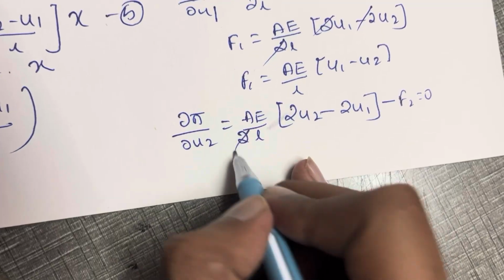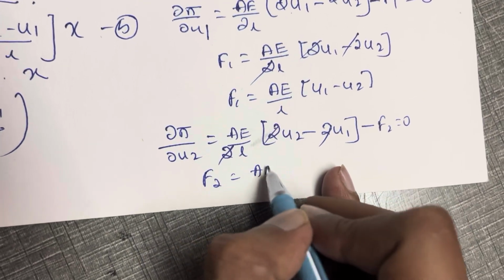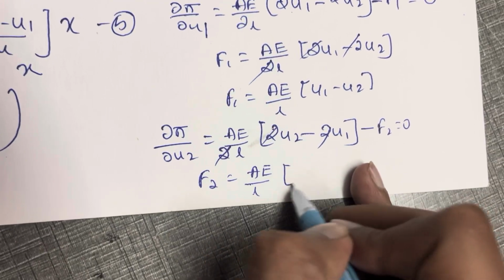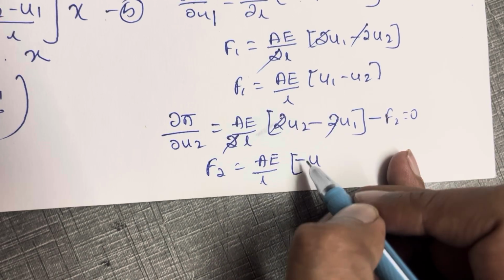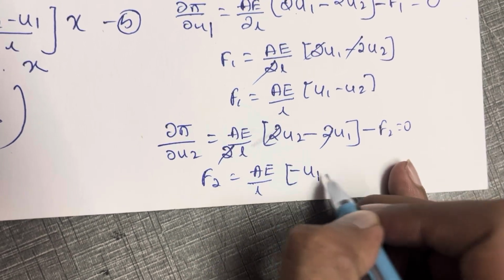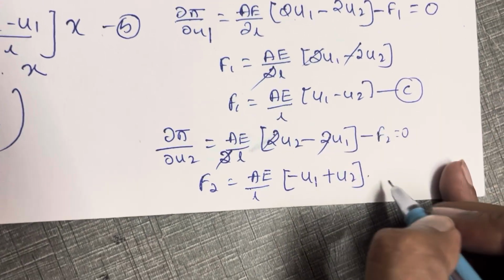So the 2 will cancel, f2 is equal to AE by L. First I will write minus u1, because here we have u1 minus u2; first I will write u1 to write in matrix form, plus u2. Okay, this is equation number C and this is D.